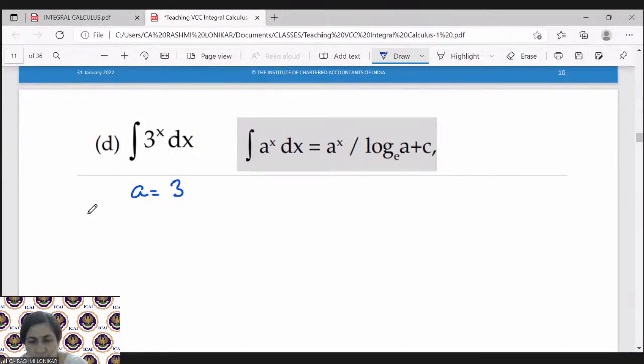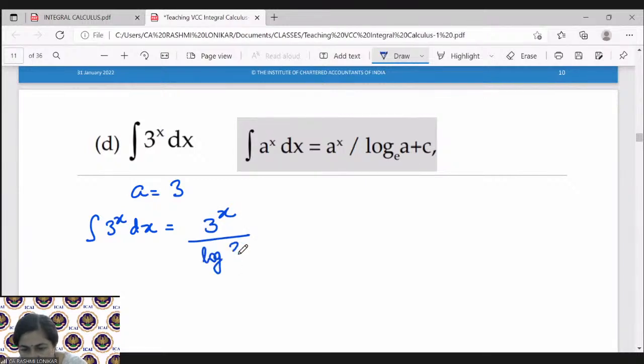So integration of 3 raised to x dx is equal to 3 raised to x upon log of 3 to the base e plus c. Okay.